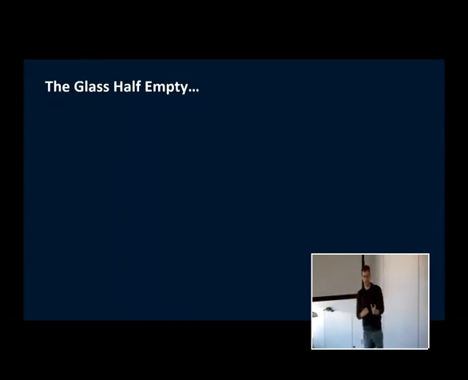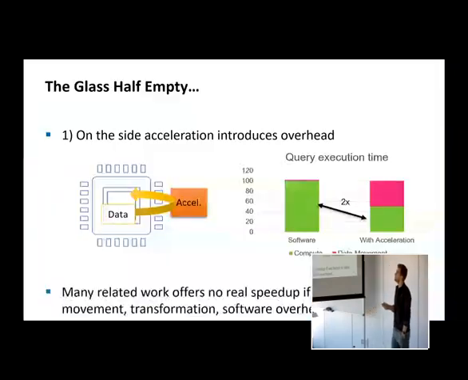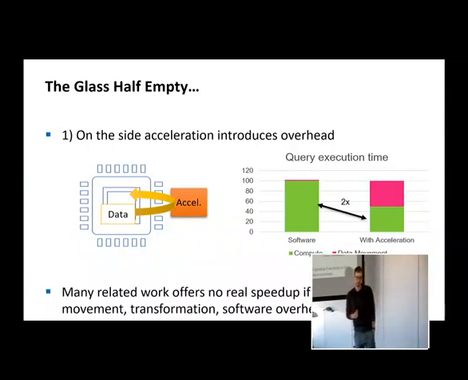But what happens is, for reasons that you will see, some people are not very optimistic. They say, well, this is all good. The time might be right for some workloads, but for databases, it doesn't really work. One of the reasons comes in different formulations, but this is the purest version of it, which says that if you're doing on-the-side acceleration, you're introducing overhead because you need to transform the data so that the accelerator can consume it.